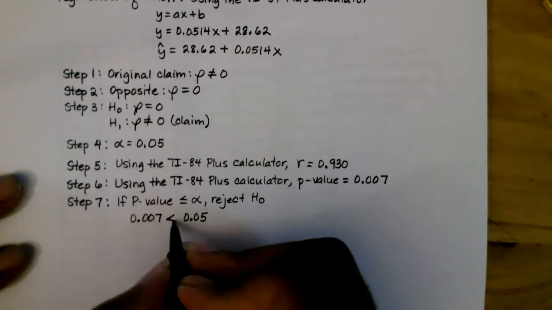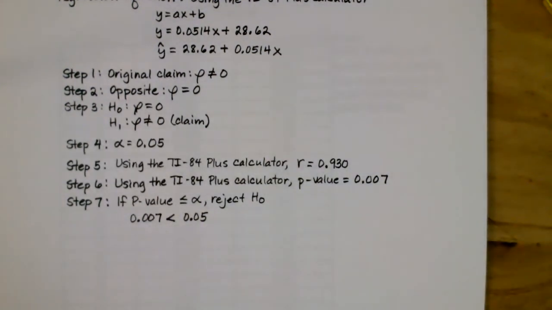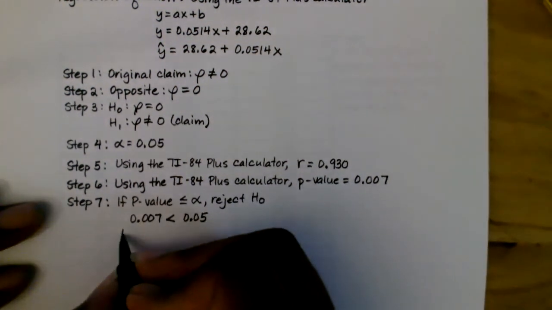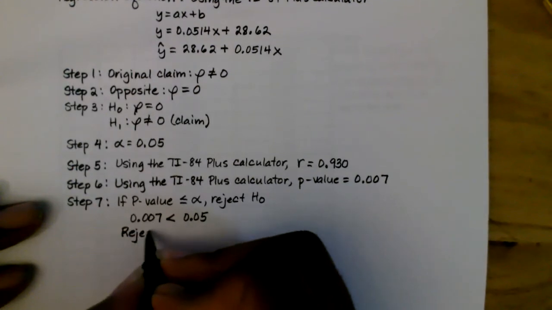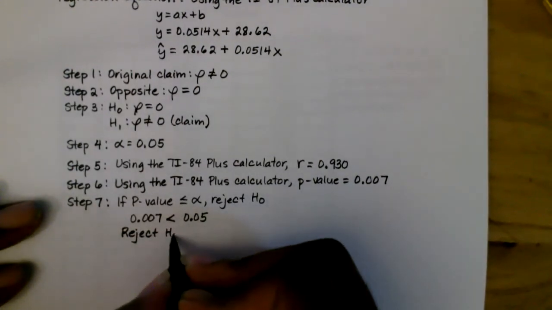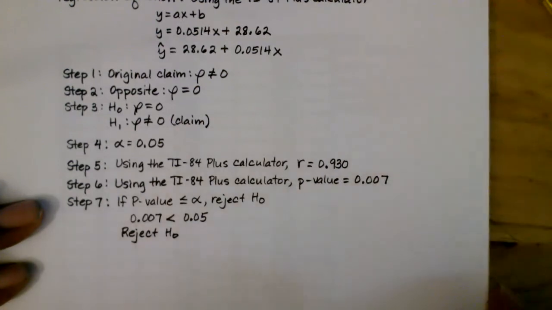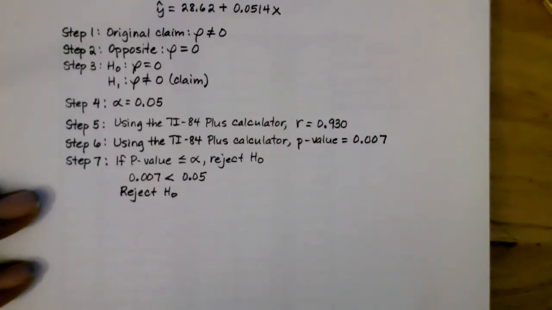Compare those two, you'll see that 0.007 is less than 0.05. So here we can reject the null hypothesis because it does satisfy the decision rule. Reject the null hypothesis.